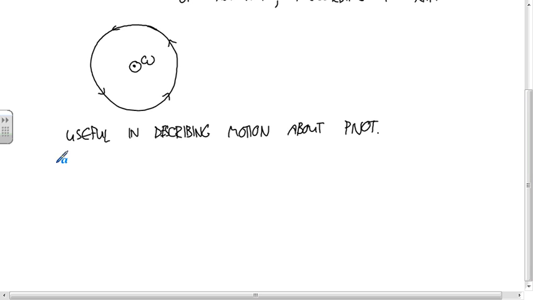Okay, so there's a couple things you need to notice about this definition of angular velocity. The first one is this angle has to be in radians. Does that mean you have to change your calculator to radians?